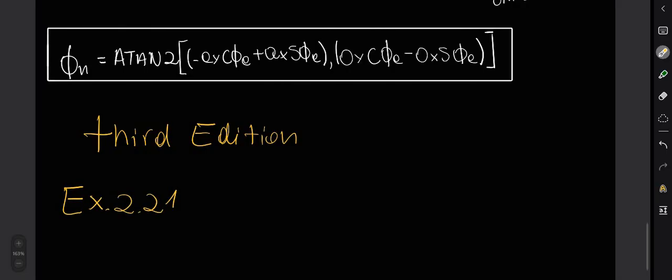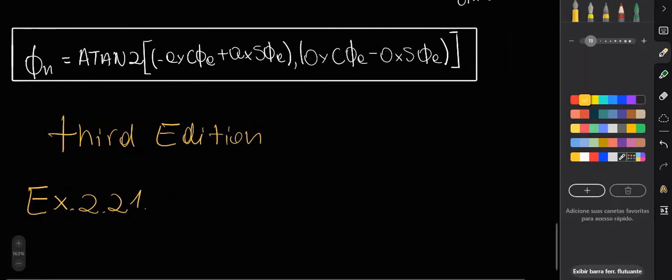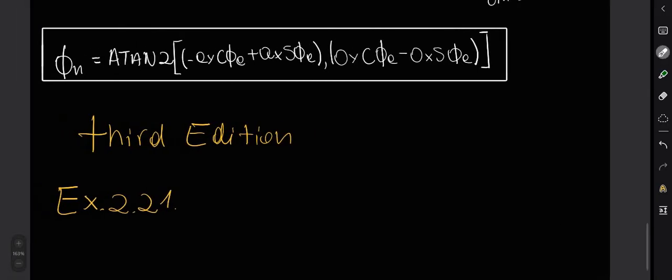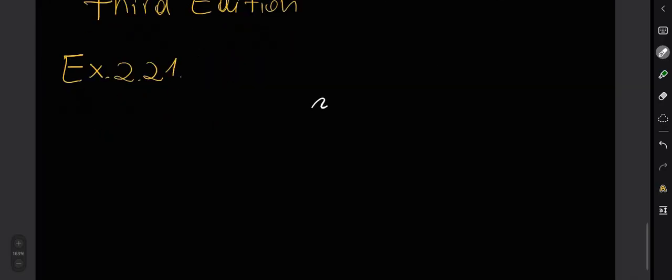2.21. Okay, and the statement is very short, so I can just write it.